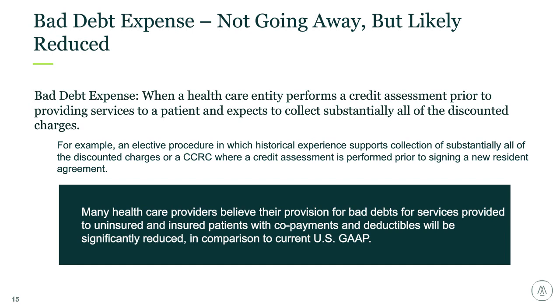Therefore, you would adjust your revenue amount for the implicit price concession, which is the amount historical experience shows you're not going to collect, rather than having that amount flow through as bad debt expense.